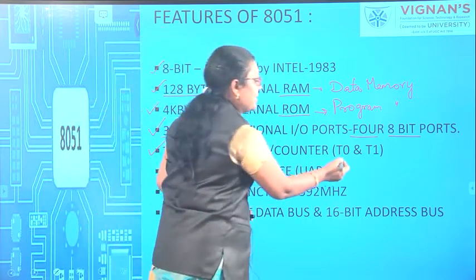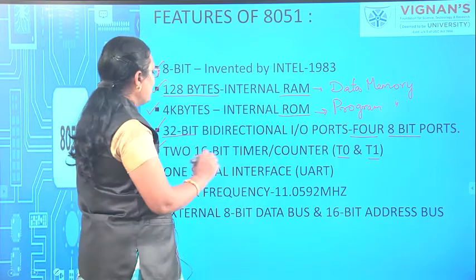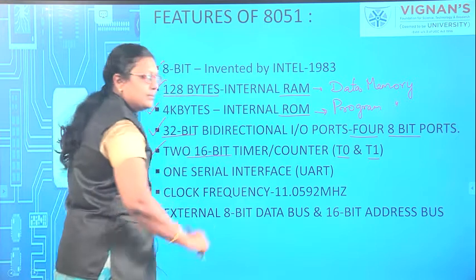One is represented as T0 and the other one is represented as T1 over here. Each and every timer consists of 16 bits.